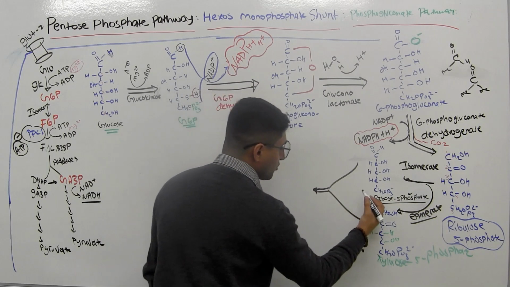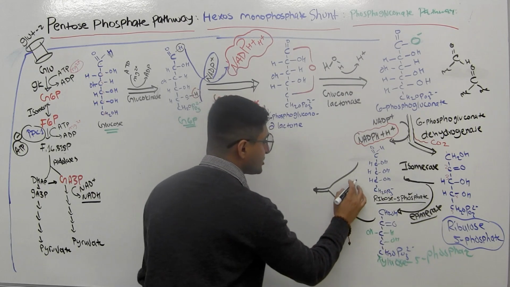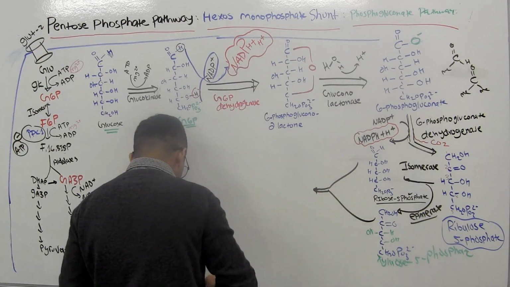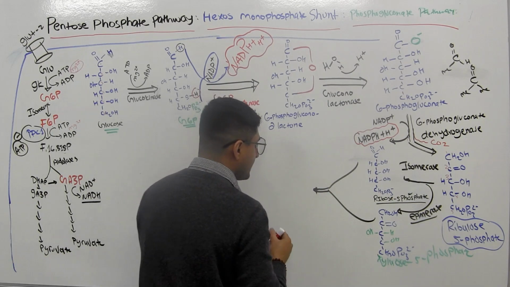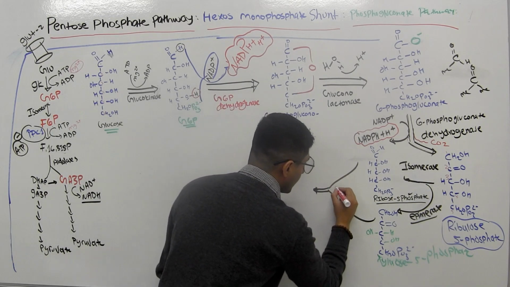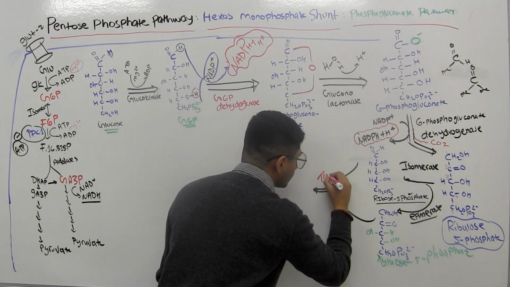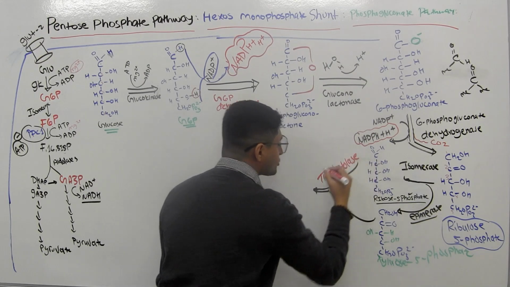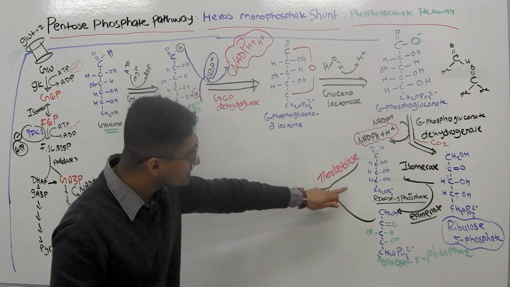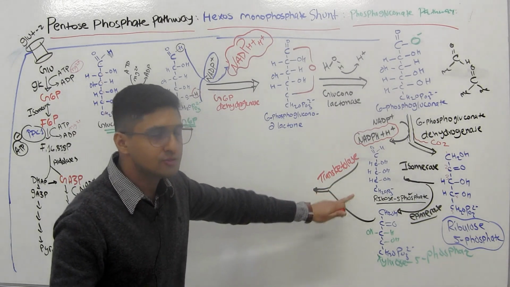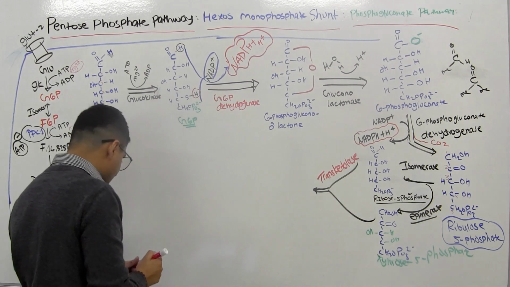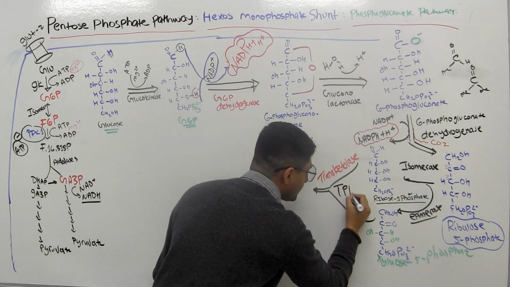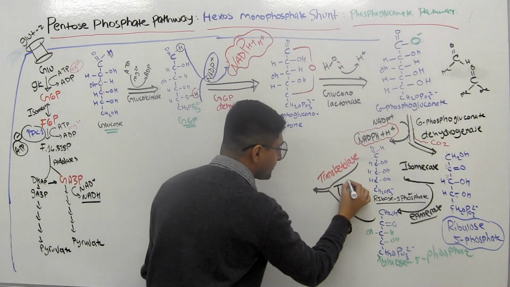When I bring this together, right, there's an important enzyme that our body has. What is that enzyme called? Let me write it down, because this is another important enzyme. It's called transketolase. All right, guys? And this transketolase is very, very important because it uses a cofactor. What is that cofactor? This is going to be your TPP, thiamine pyrophosphate.